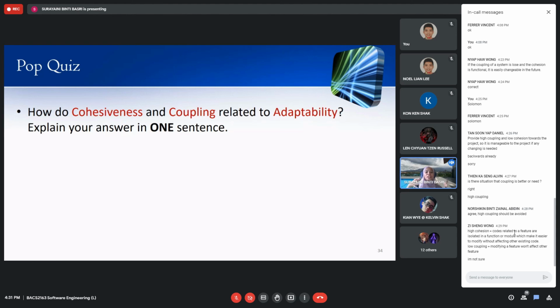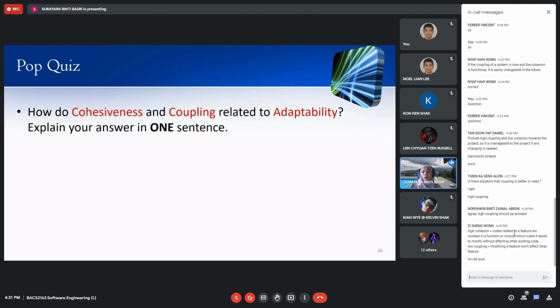So when you group them based on their function, it means that you have high cohesion. It is important for you later when you do design that each module or function you create, when you group them together in one subsystem or module, they are actually related based on function, not based on the previous six levels that we have learned.